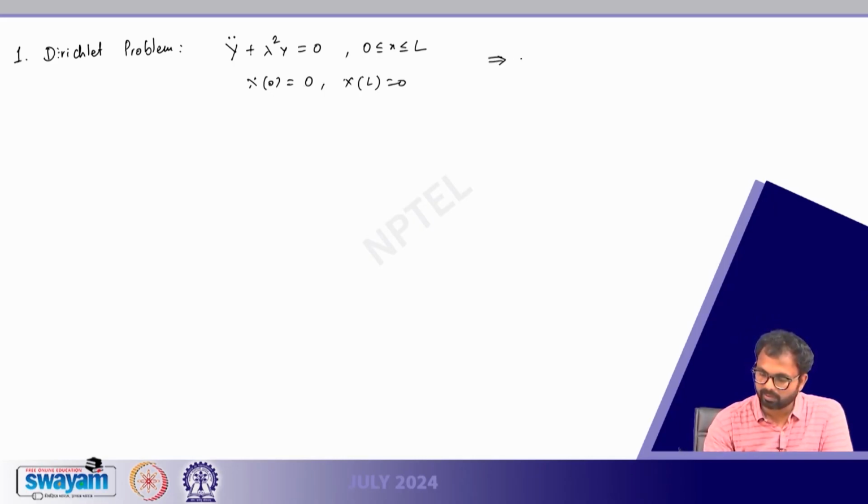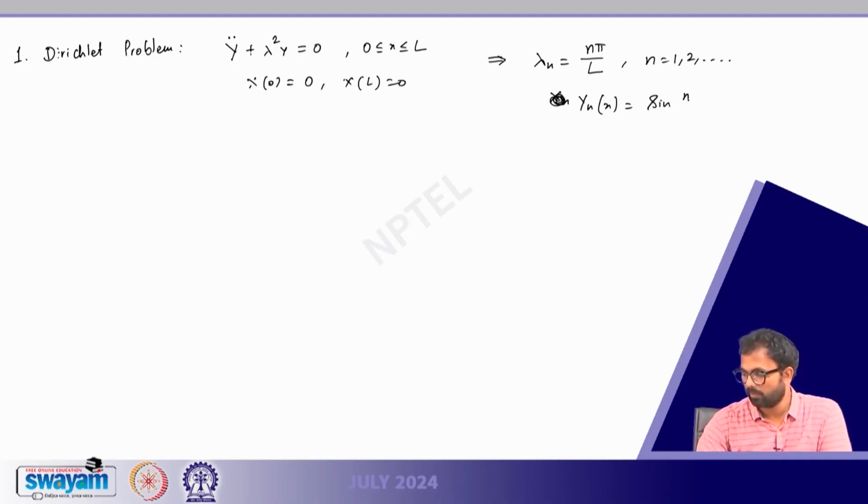So from here our eigenvalues lambda n will be n pi by L. If L is 1, then it will be simply n pi, and n is running from 1, 2, 3, and so on, and the eigenfunction y n of x will be sine of n pi by L times x. In the previous class we had L equal to 1, so that's why it was simply sine n pi x.